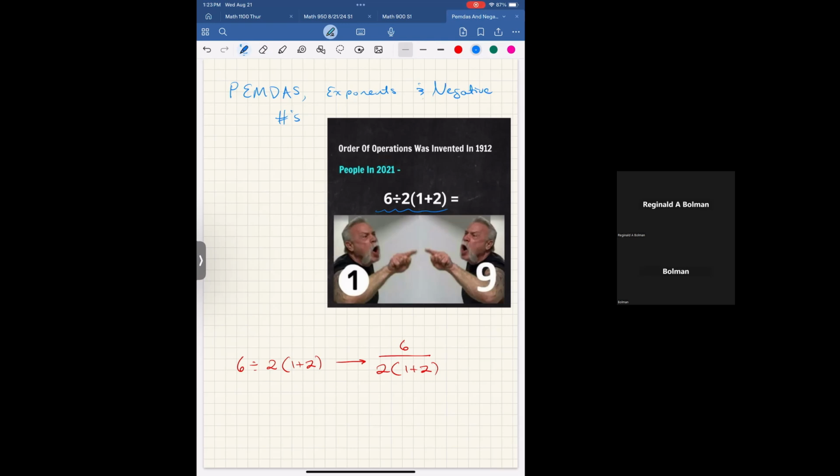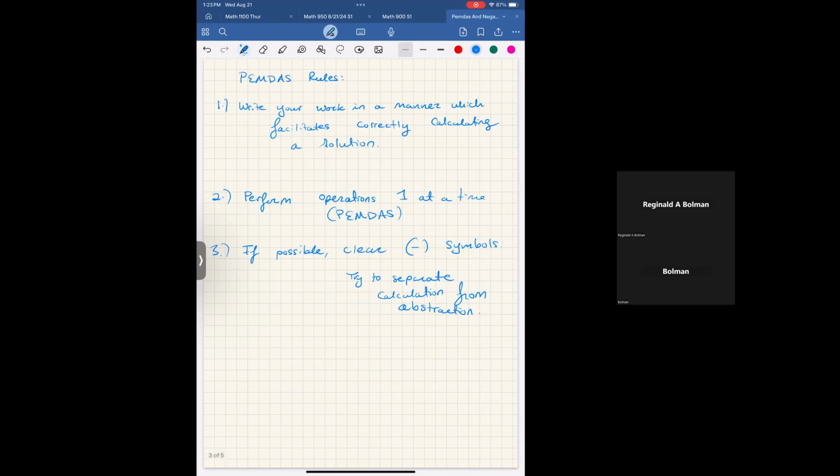And what you need to know is that you're often going to be forced to take what is written and rewrite it so that you can see clearly what steps or what operations you need to perform. Okay, so write out your work correctly so that you can actually calculate a solution, and you know that you've performed the calculations either correctly or incorrectly, assuming that you've written down your work in a manner that makes sense.